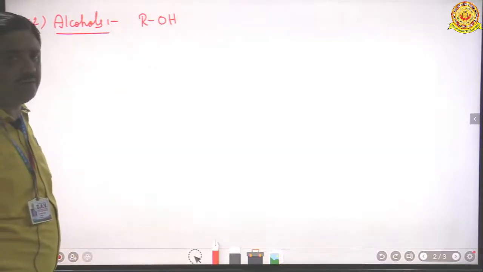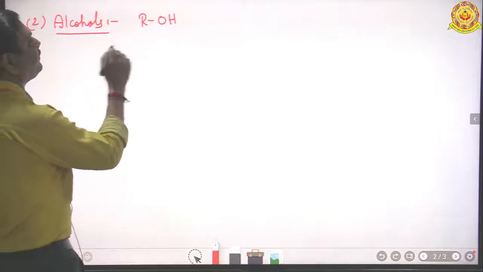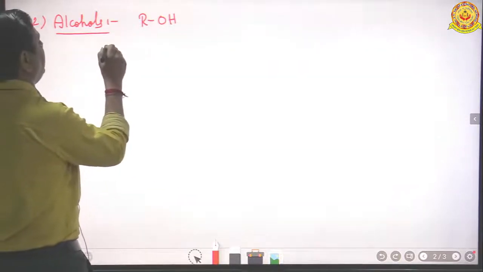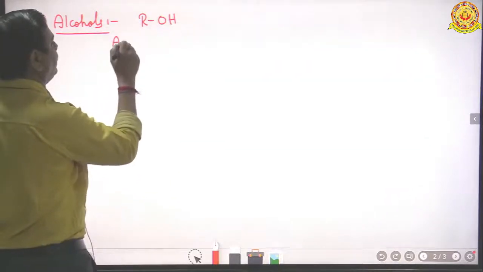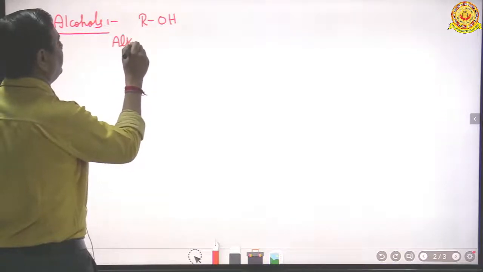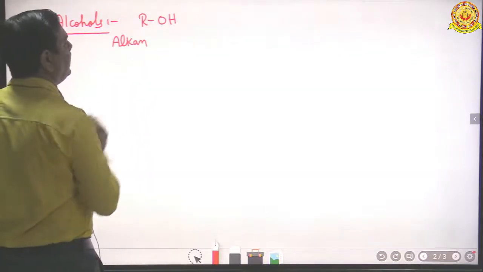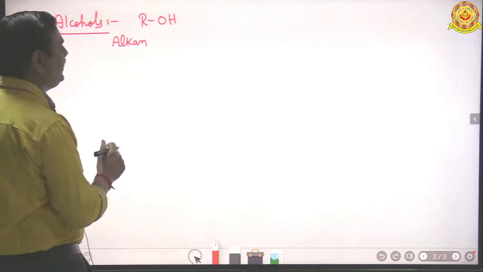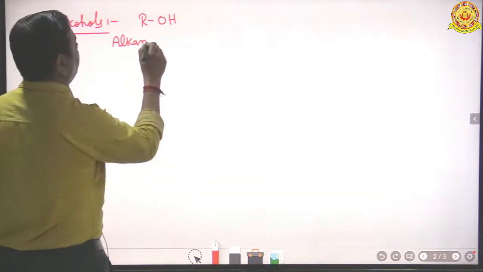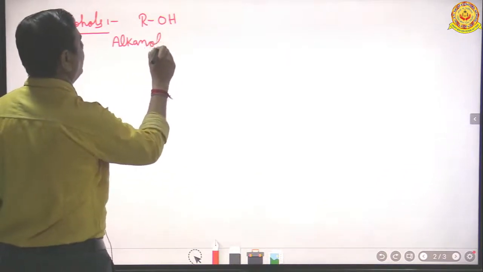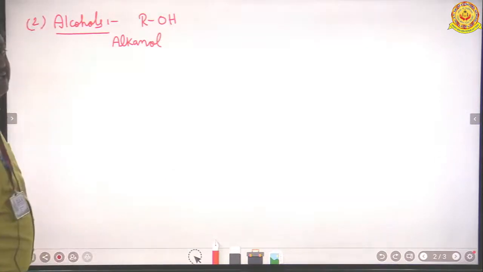This group is called alcohol. They are named according to the number of carbon atoms. According to that, from the alkane, E will be removed, and OL is added as suffix.